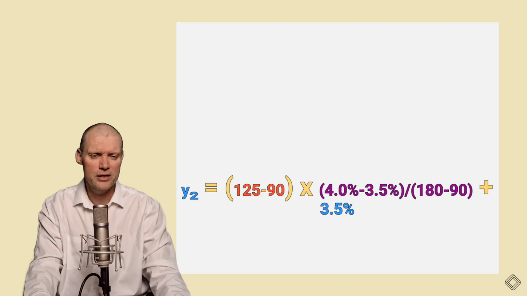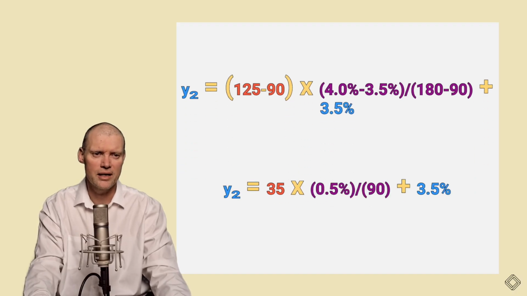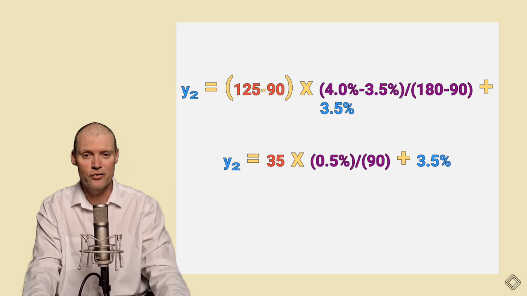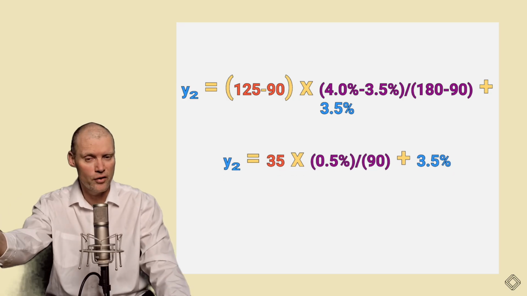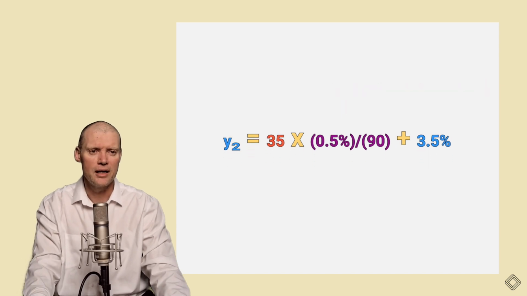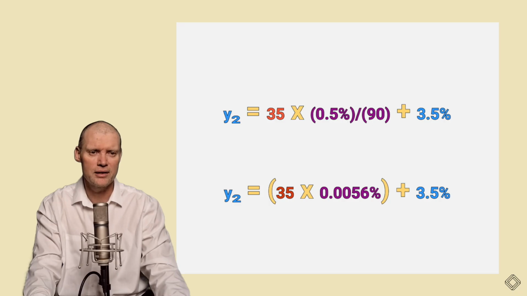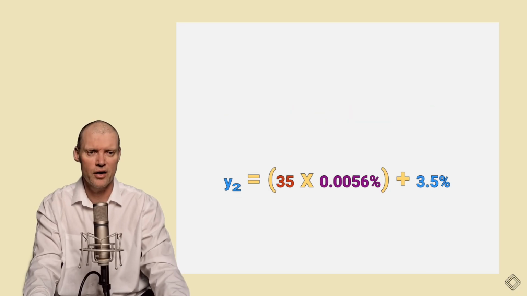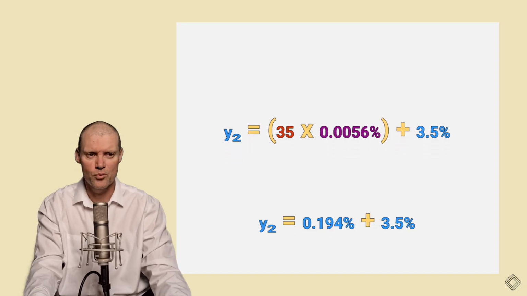We can go through a couple of simplifying steps. We don't have to. 125 minus 90 is 35. The difference between those, the slope, is 0.5%. There's a change of 0.5% in 90 days, which means that y2 is now equal to, another simplifying step we would take, 35 times 0.0056 plus 3.5%. 35 times 0.0056 is 0.194.